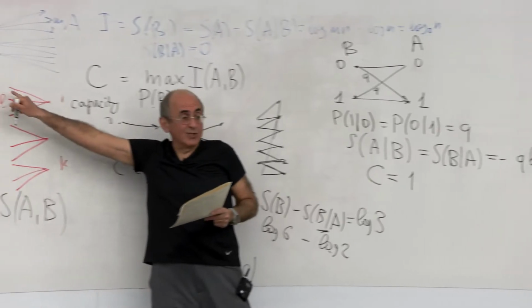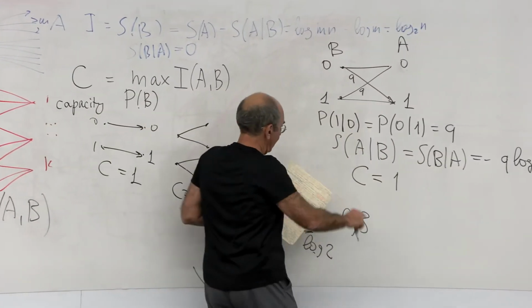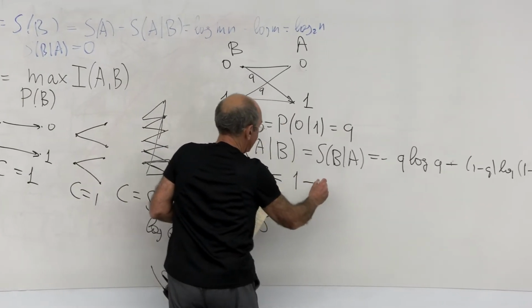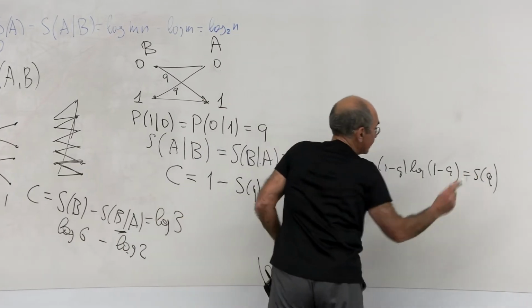In this case, the capacity will be 1 minus S of Q.